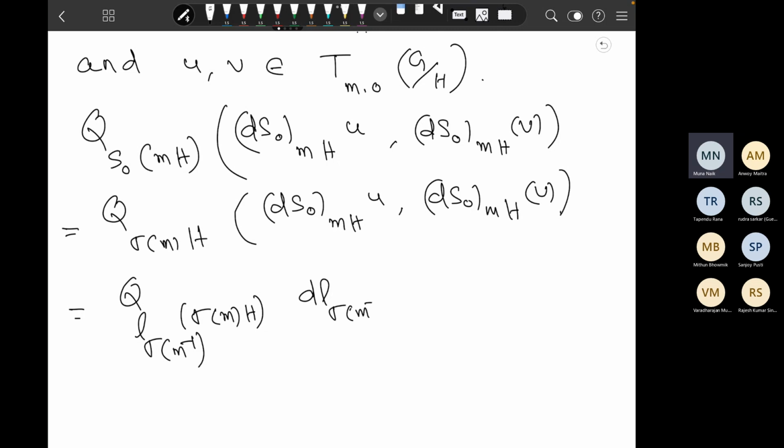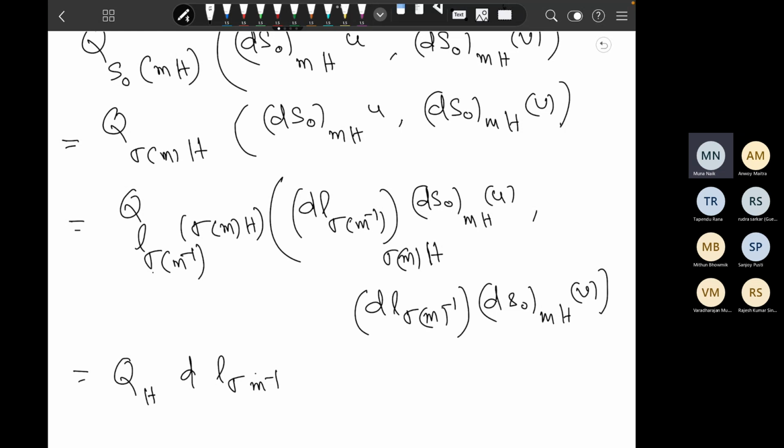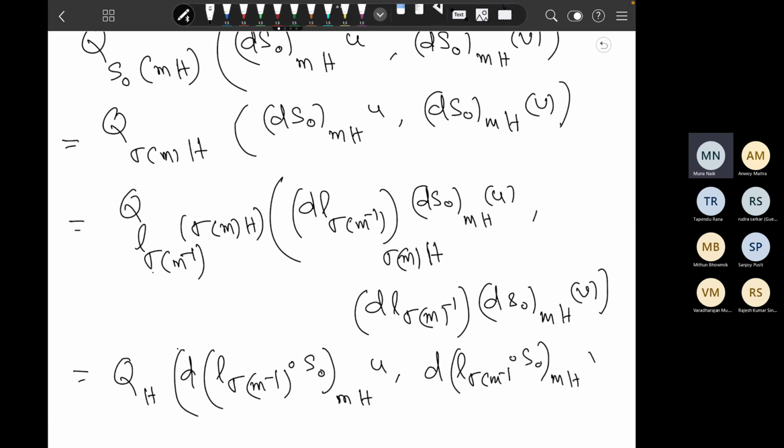Here S naught MS is really sigma MS. Now if you apply L of sigma M inverse on sigma MH, this is really Q of H, and this is d of L sigma M inverse composition S naught at the point MS, applied on U, similarly on V.